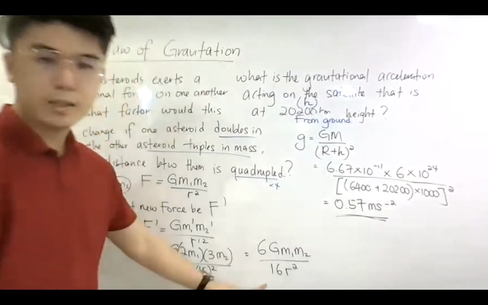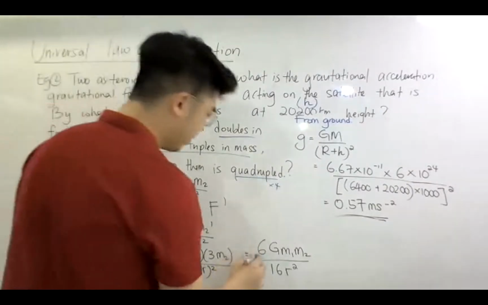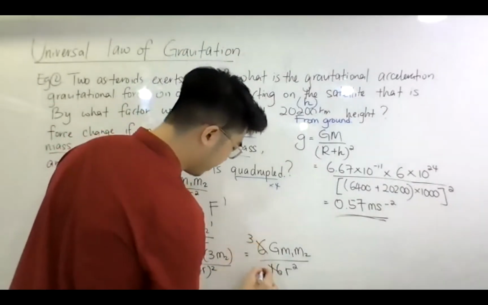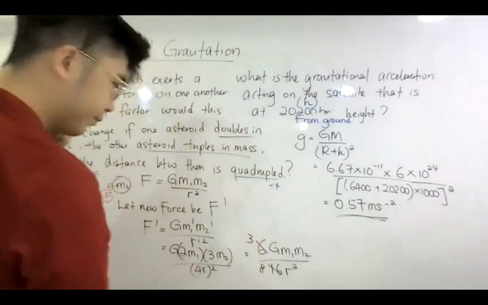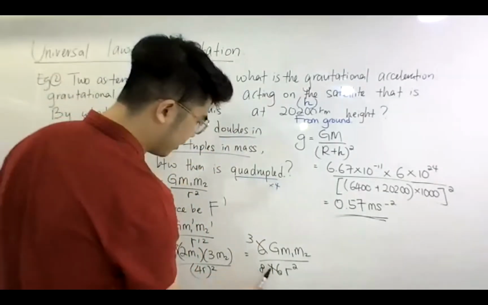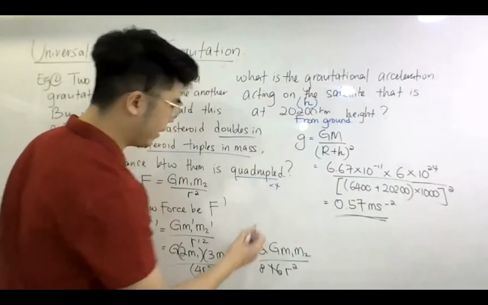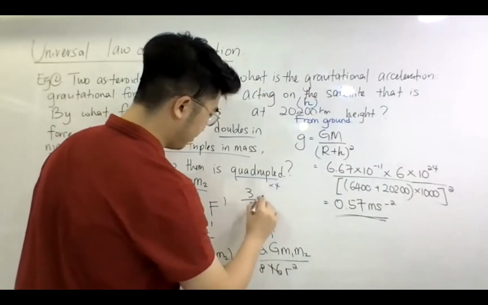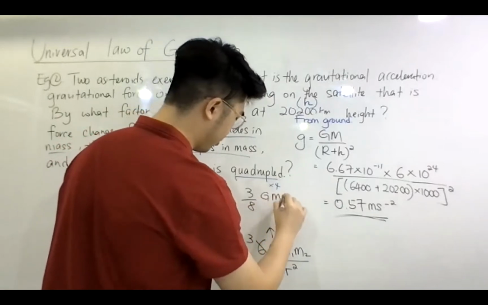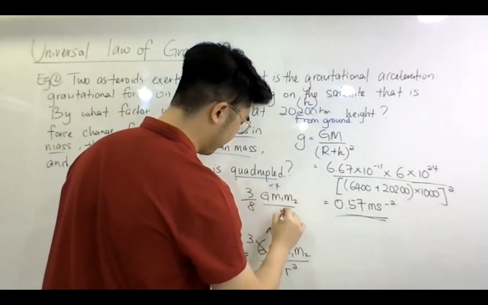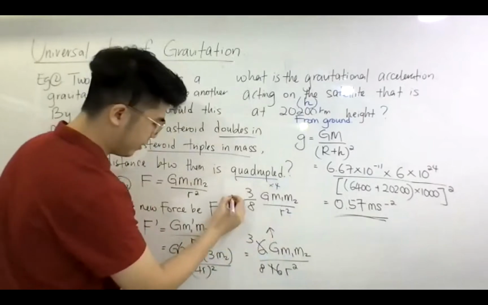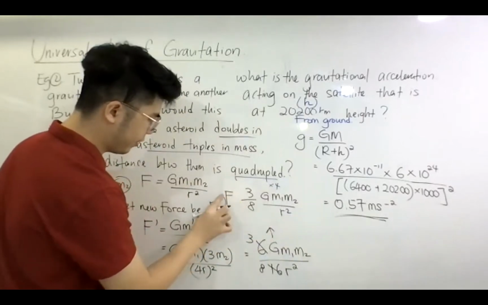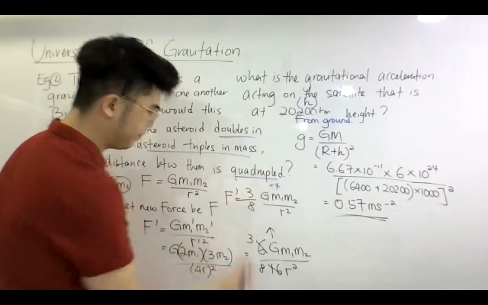Okay, so I bring this out here: 6 over 16, which is 3 over 8. I write 3 over 8 G M1 M2 over R squared. I take this out, this is F dash, right?